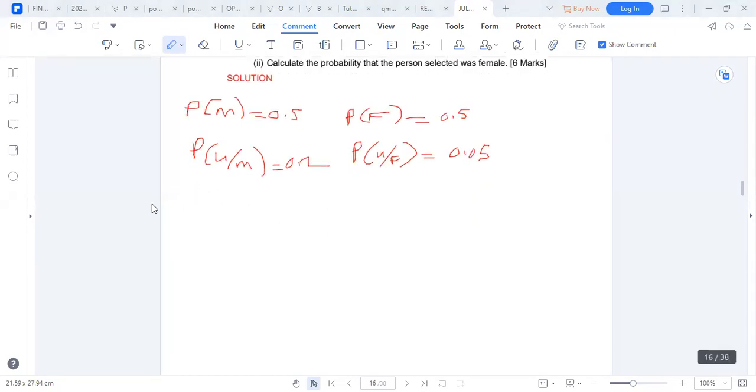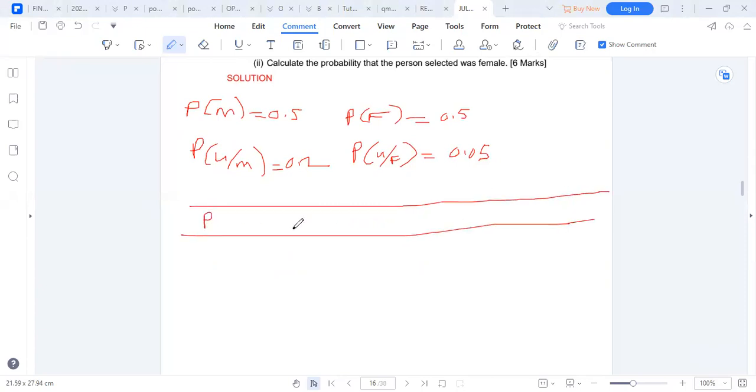So let's draw our table together. We have the prior probability, the conditional probability, the intersection, and the posterior. So what is our probability?